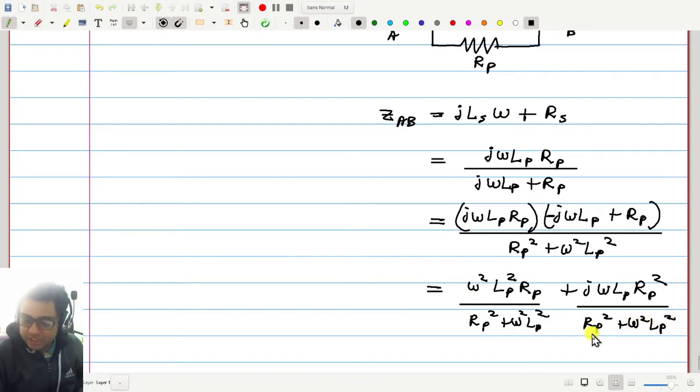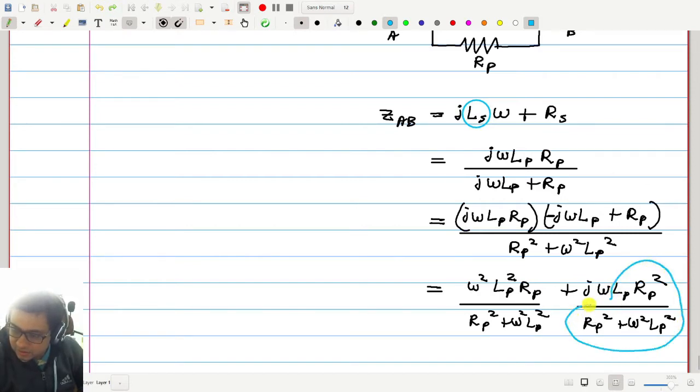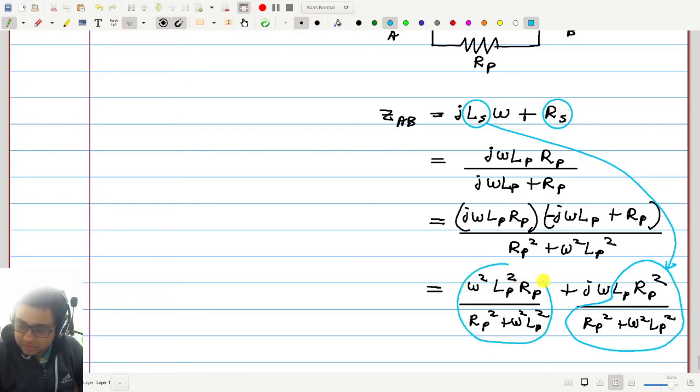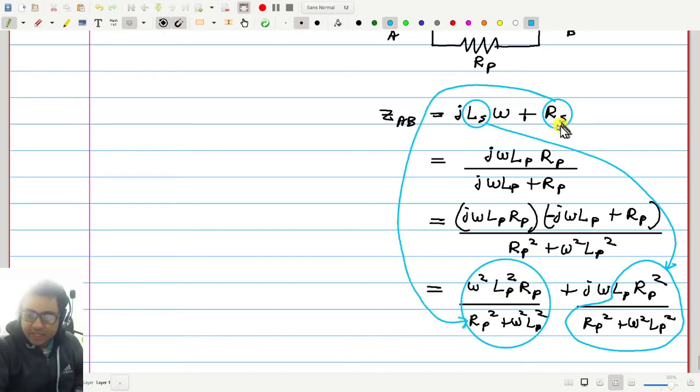Now from this equation you can readily say that LS should be equal to this quantity here, and RS should be equal to this quantity. This way you can relate LS, RS with LP, RP.